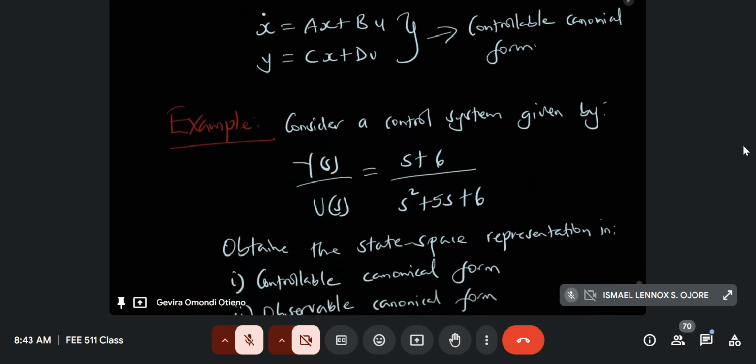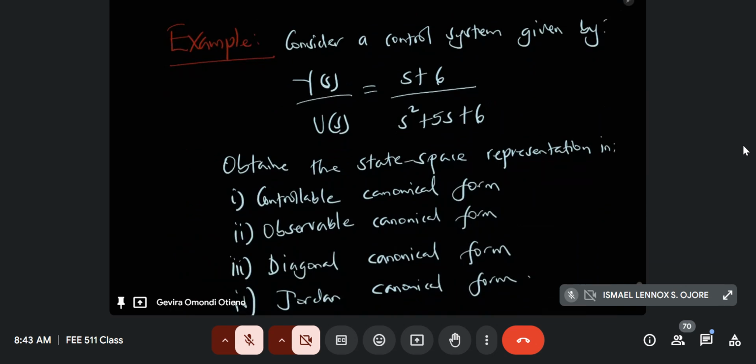Therefore, if we are able to convert the transfer function into state space, then already we would have solved the first part of the question, because that state space representation is actually the controllable canonical form. Then we can use other techniques to convert to the equivalent observable, diagonal, and Jordan canonical forms. That's what I intend to do.